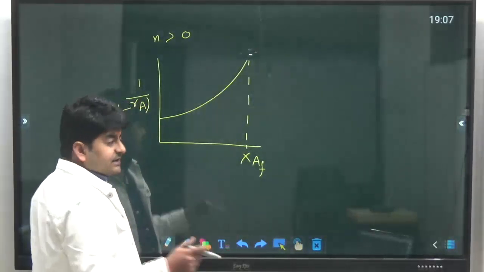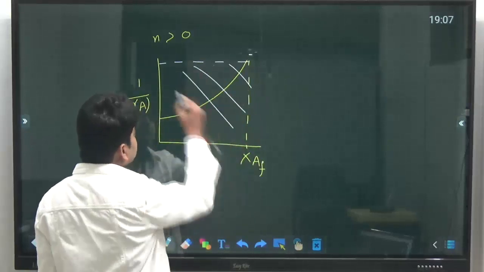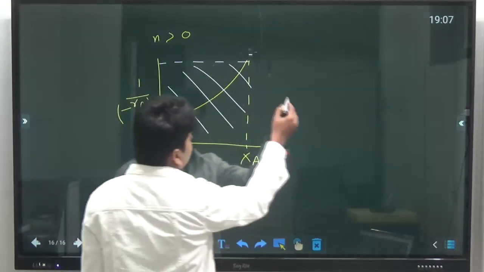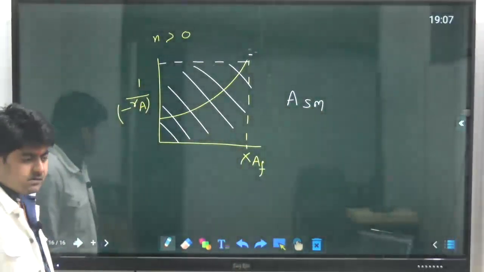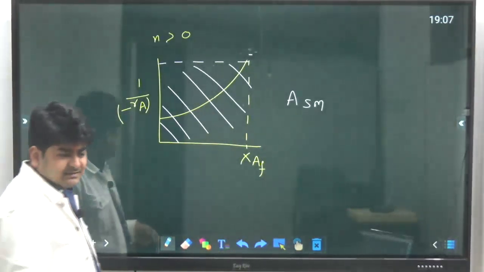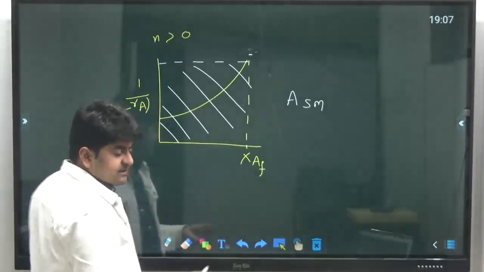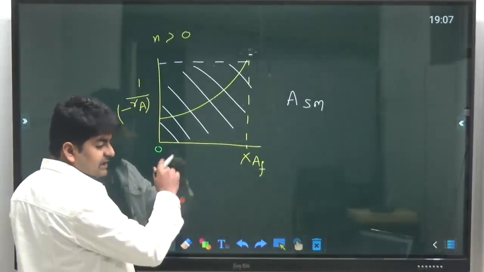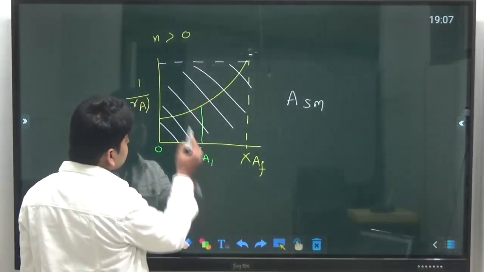Now just try to understand, if I have single MFR, the area governed by single MFR will be this. That is ASM, let's say single MFR. Now if I have two MFR in series, then area governed by two MFR in series will be, first MFR will increase the conversion from 0 to XA1.